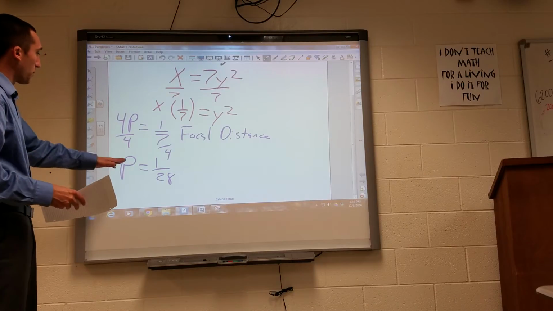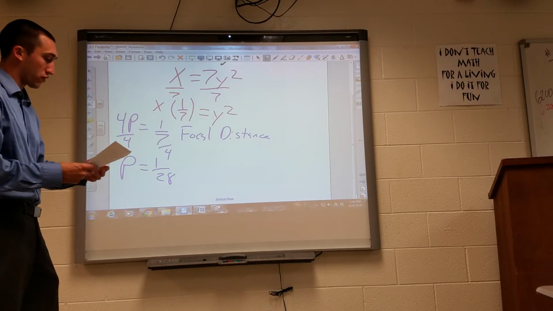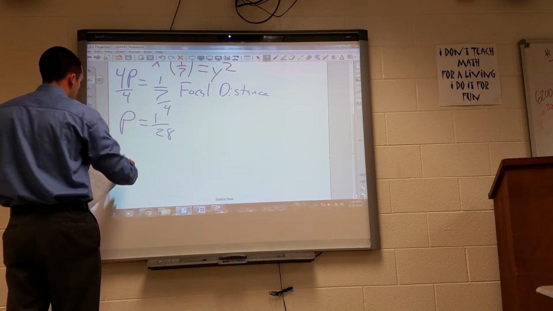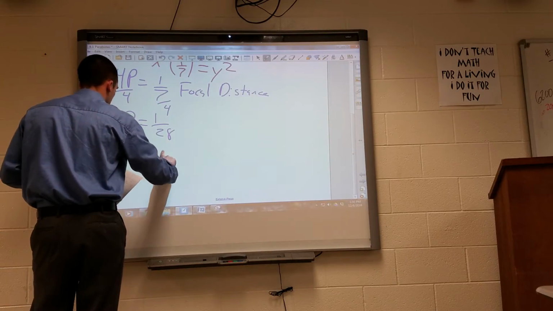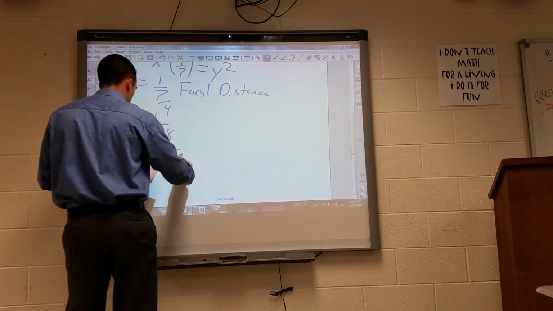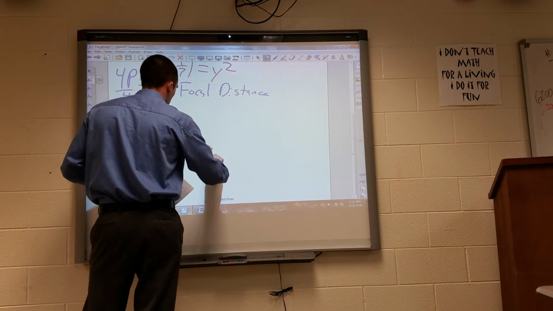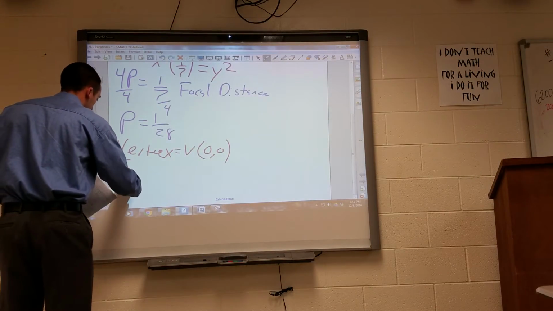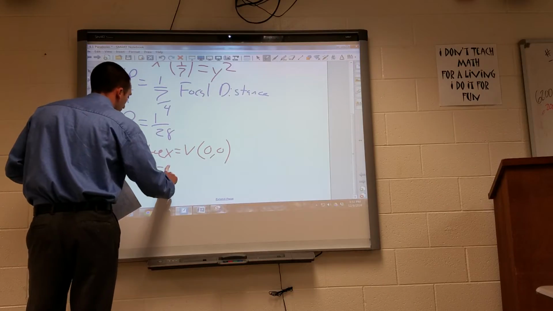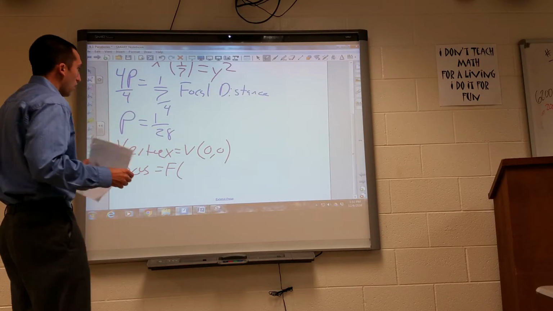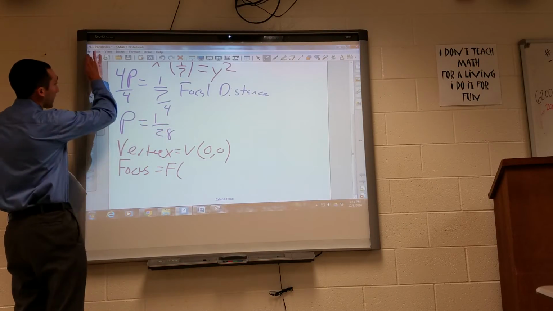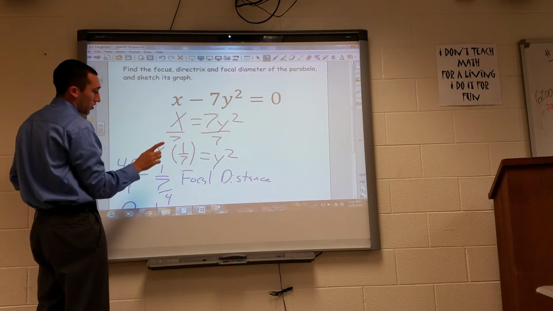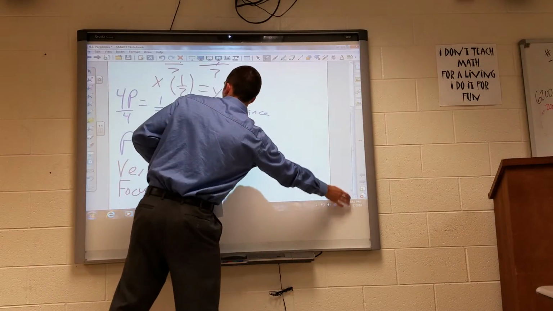So now that I know that p is 1/28, I've got my focal distance. This means we're going to have a vertex at 0, 0. All right, our vertex is always going to be 0, 0. Our focus, if you look back, our focus is always (p, 0). That's why I had to solve just for p.